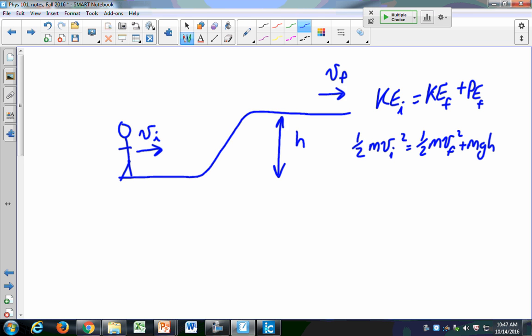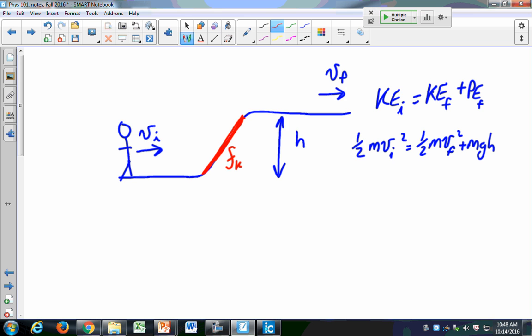But there was a complication on the problem because there was a frictional force on this incline. As the skier is going up, he has a kinetic frictional force acting upon him.